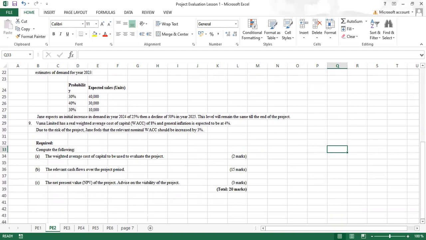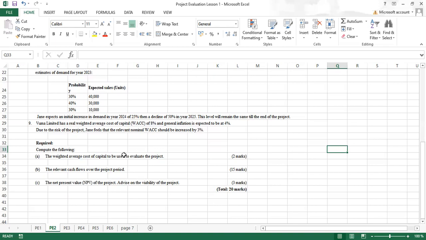So here, if you don't have a background knowledge of project evaluation, this question will tend to mess you up a little bit, but it's very simple. So part A, what we will use, we always use the nominal WACC. We don't use the real WACC, and the real cost of capital does not incorporate inflation.